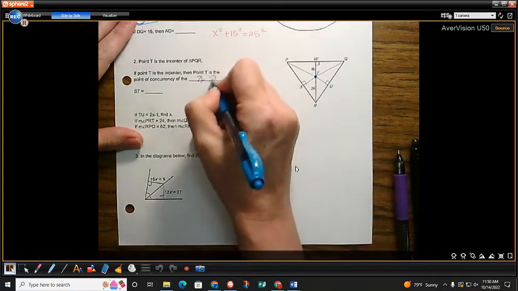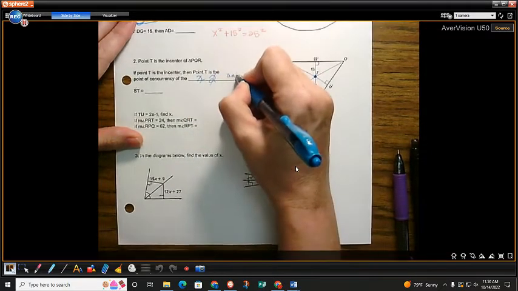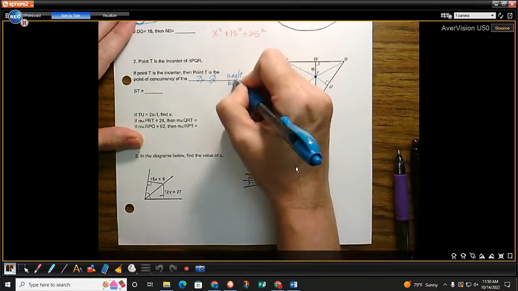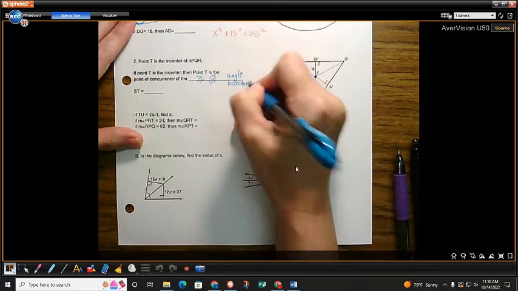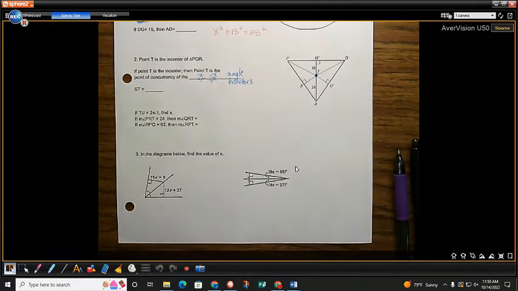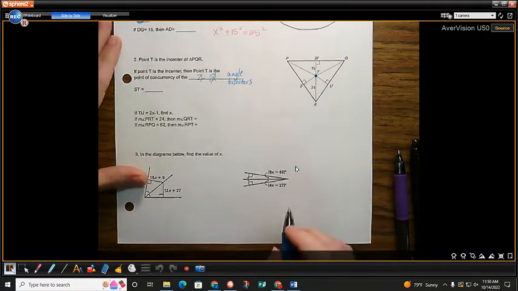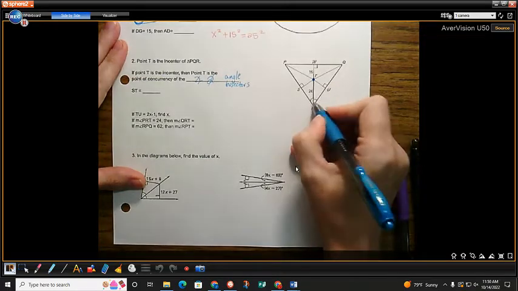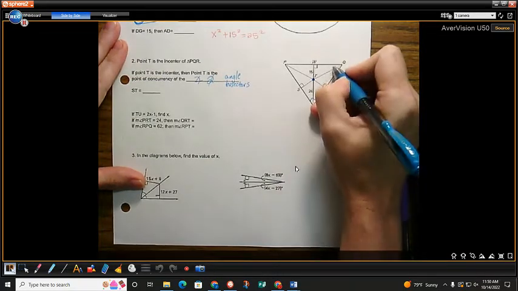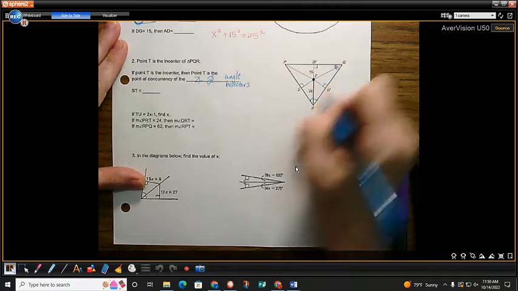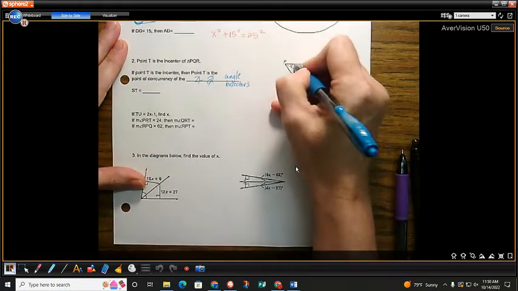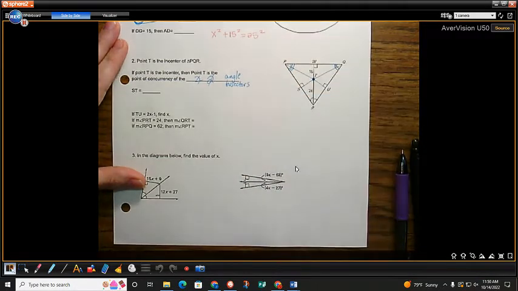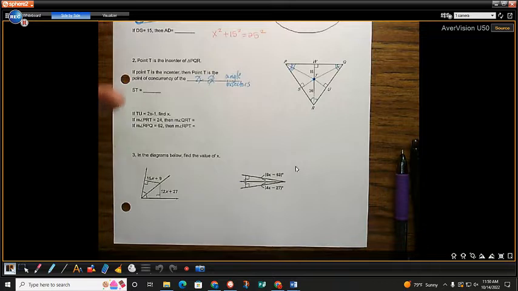The angle bisectors. So it's a point of concurrency of the angle bisectors. This angle is bisected right here, and this angle is bisected right there, and that angle is bisected by all those pretty little angle bisectors.